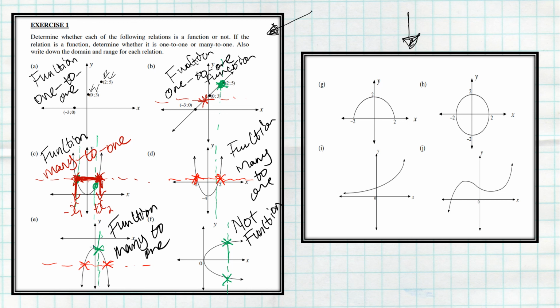If here I have my x as 1, and here my y maybe as 2, and here my y as -2, you can see that a single value of x, which is 1, corresponds to more than one value of y. That is why we say this is not a function.